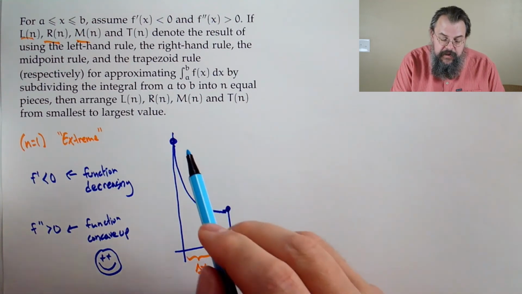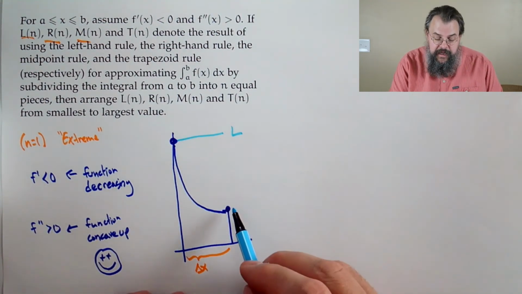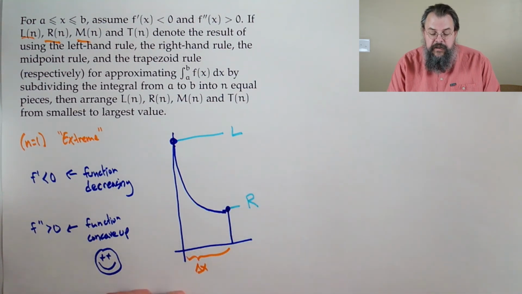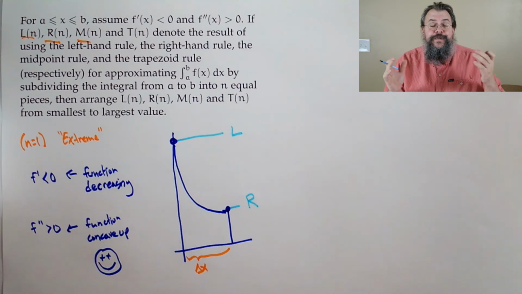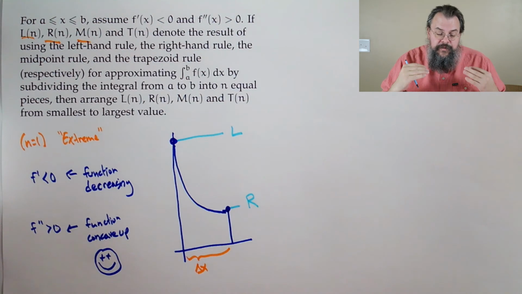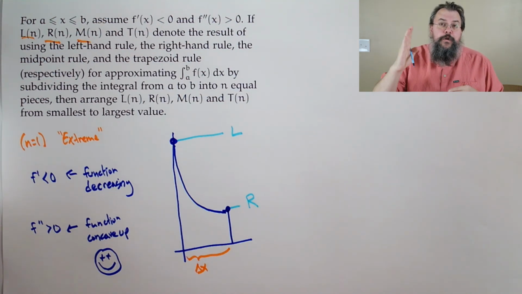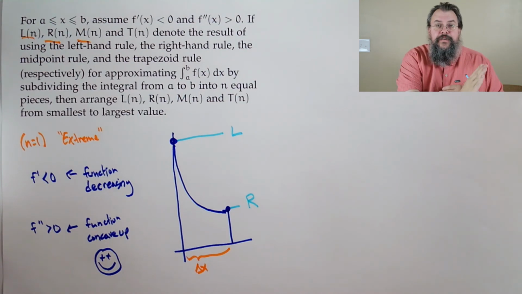The left end is up here. The right end is there. No surprise, the left hand is going to give a larger value than the right hand because we're going downhill. So the points towards the left-hand side will be larger than the points towards the right-hand side.